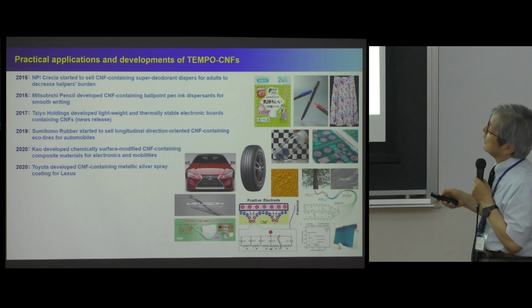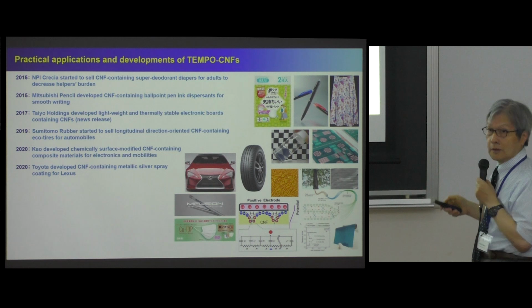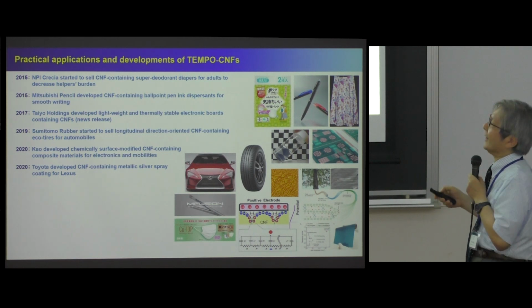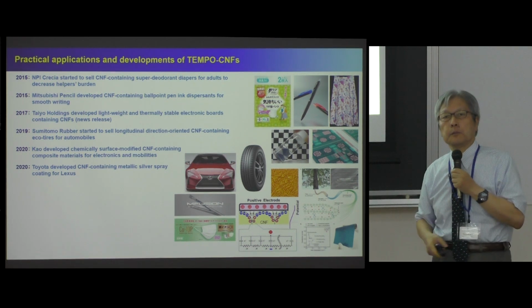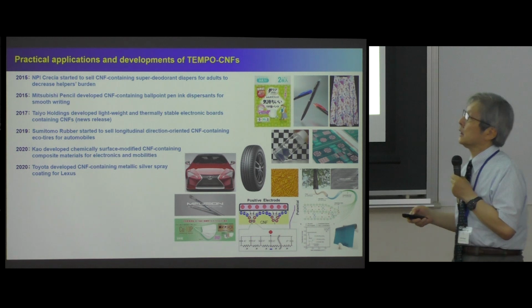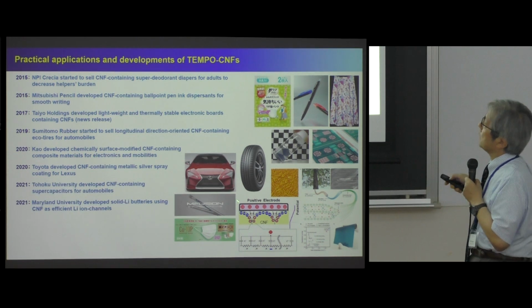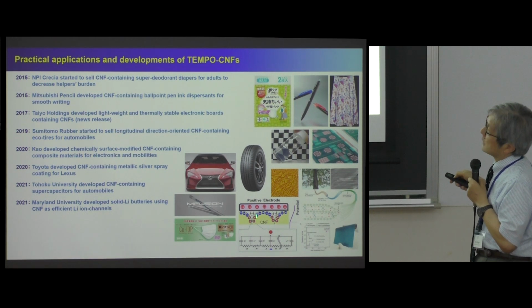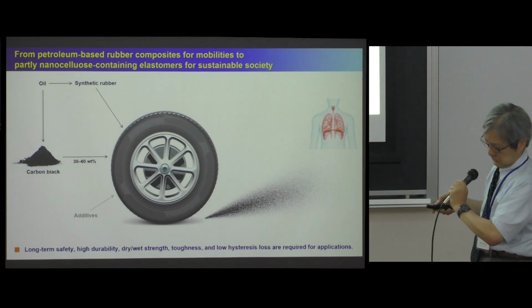Maybe you have at least two or three Lexus, but I'm joking. Anyway, this metallic coating, cellulose nanofiber, our TEMPO CNF has been used already. And Tohoku University, as a laboratory, developed the supercapacitor and lithium batteries and such.